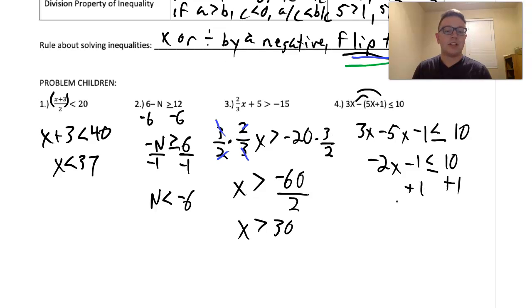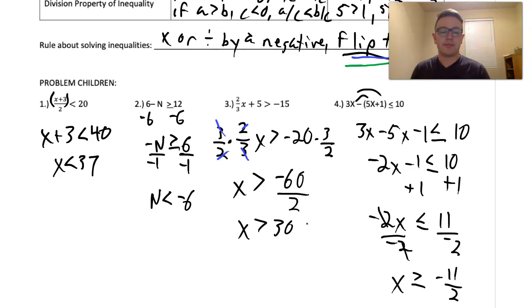We're adding the 1, so we're not going to flip the sign. We get -2x being less than or equal to 11. But now we're dividing by a negative number to cancel these out. So now we're going to have to flip the sign. This becomes x is greater than or equal to -11 over 2.